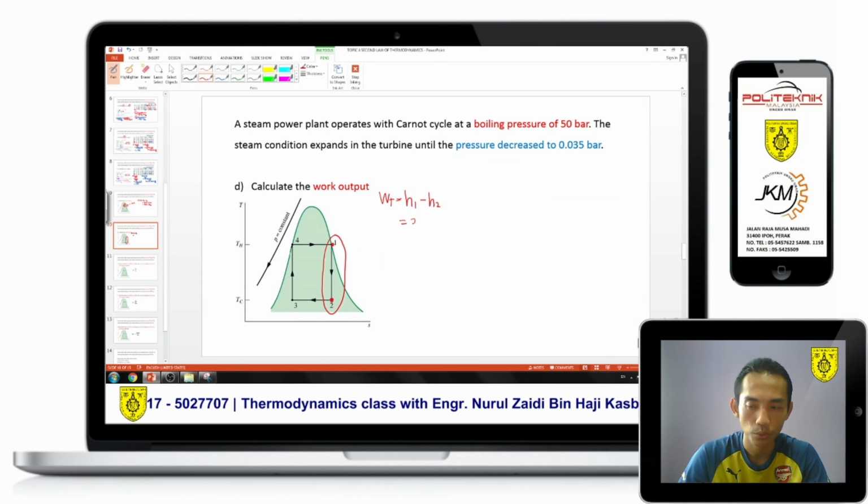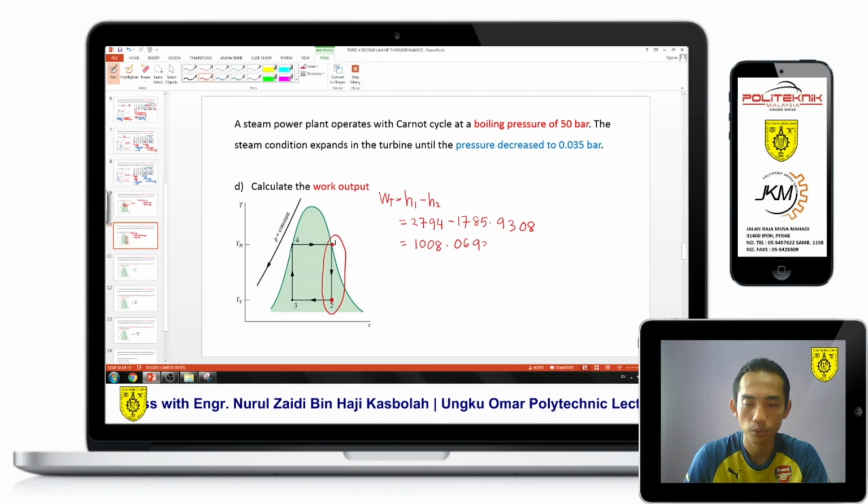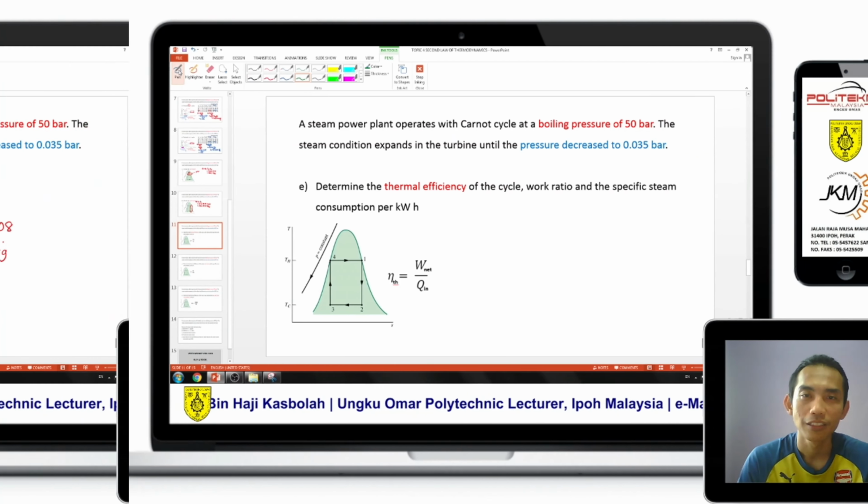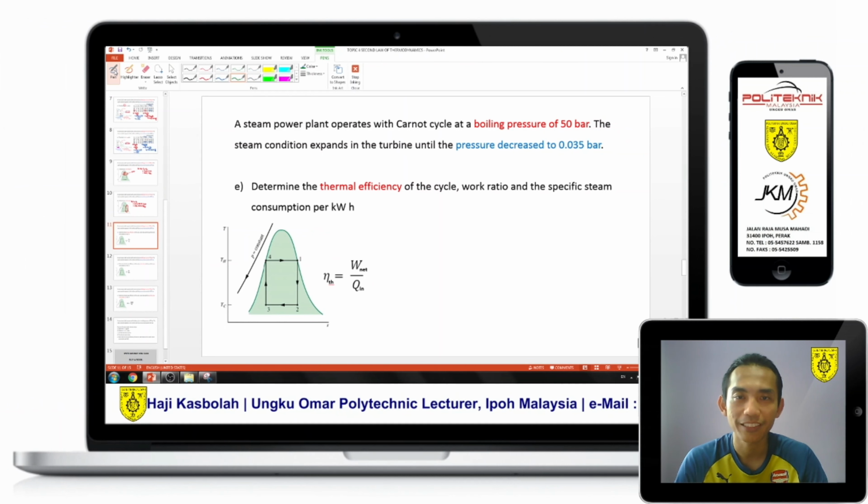H1 is 2794 minus 1785.9308. So W turbine, or work output, is 1008.0692 kilojoule per kg.